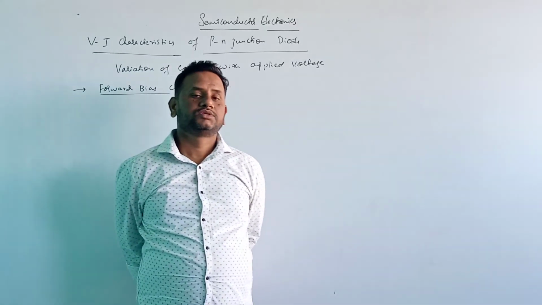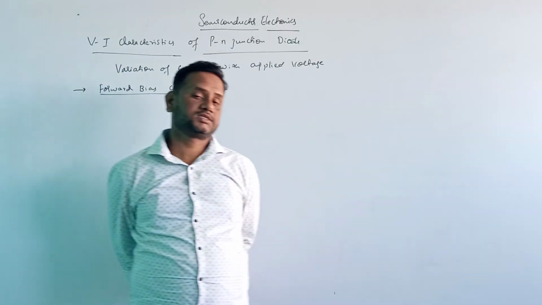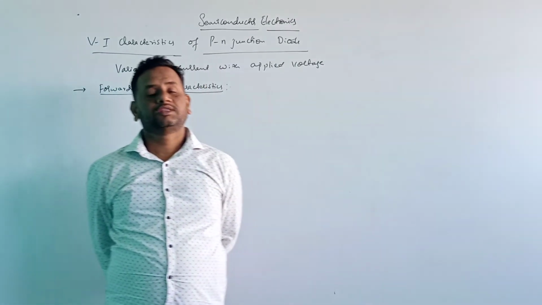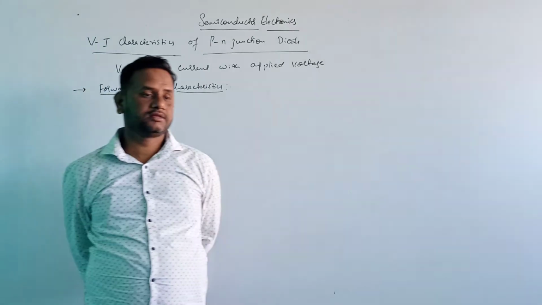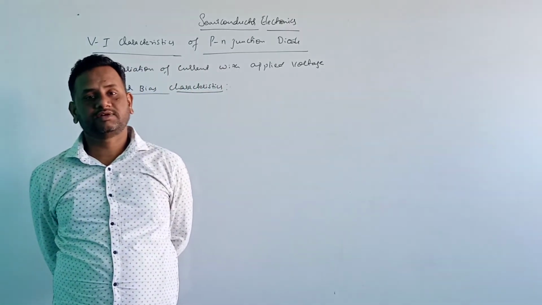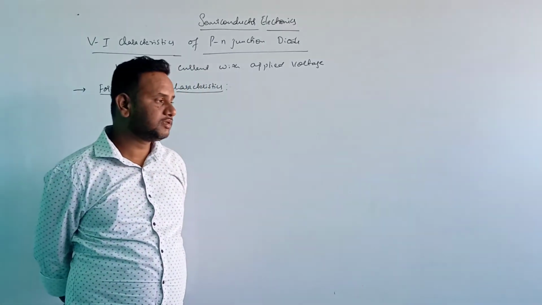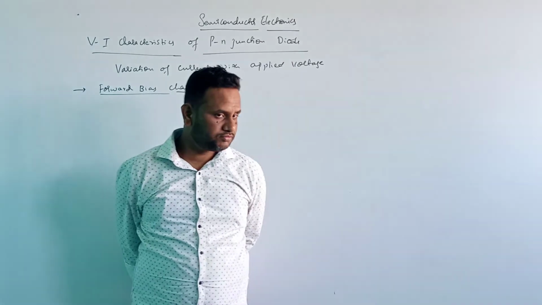When an external voltage, that is, when the positive terminal of the battery is connected to the P region and the negative terminal of the battery is connected to the N region, then it is said to be forward bias.